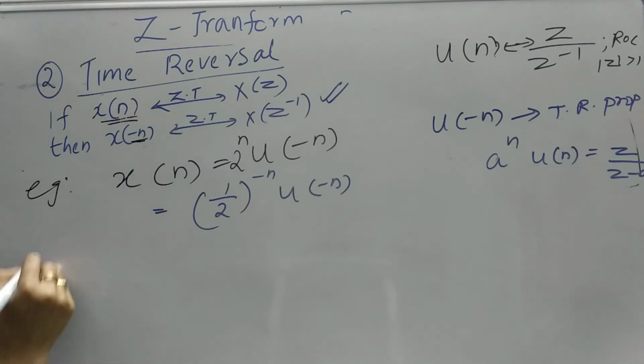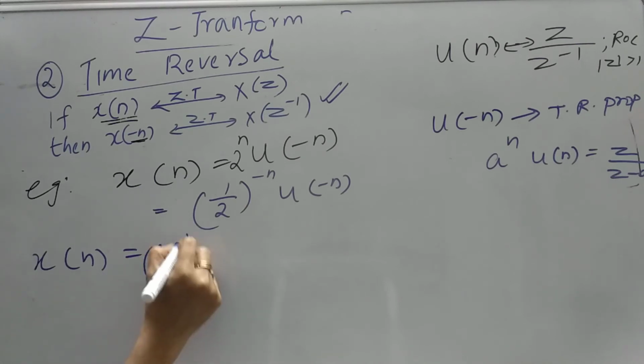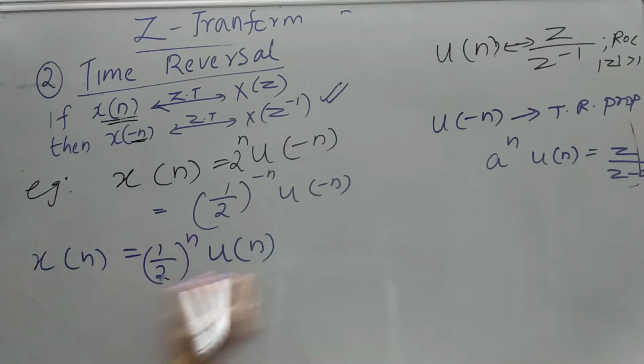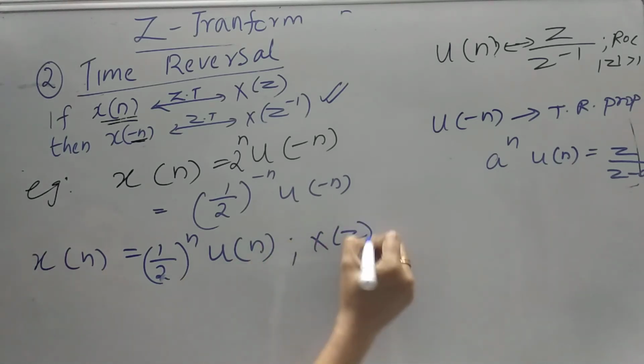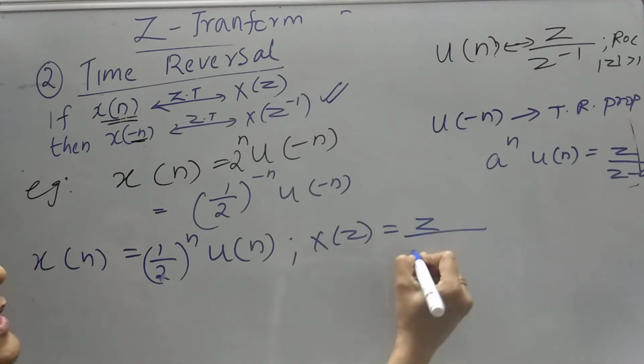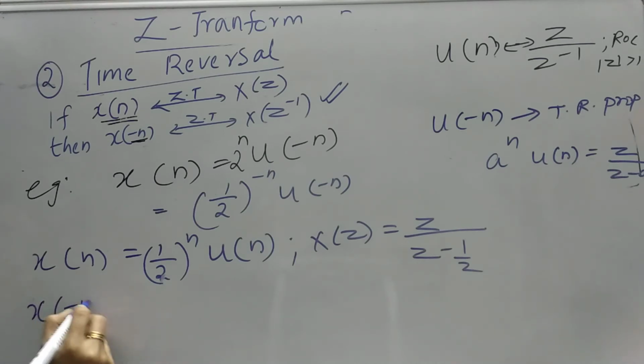Now let x of n is equal to a raised to n u of n. Then x of z will be z by z minus a. Right? Now x of minus n, what will be the z transform?